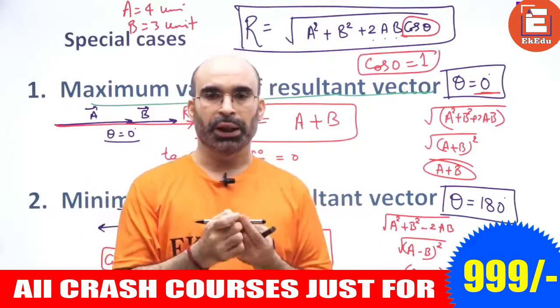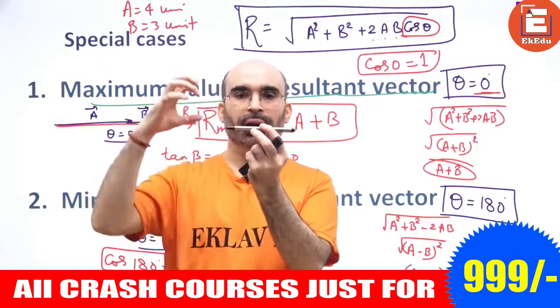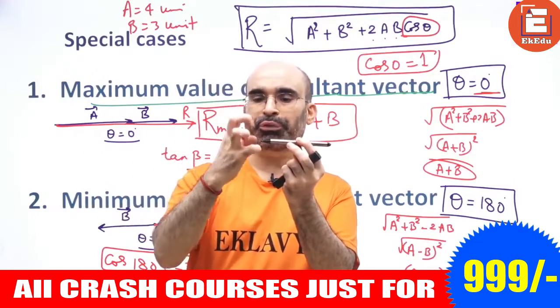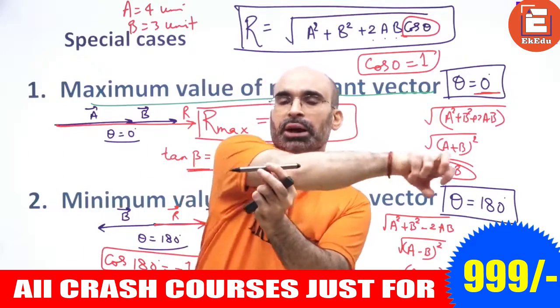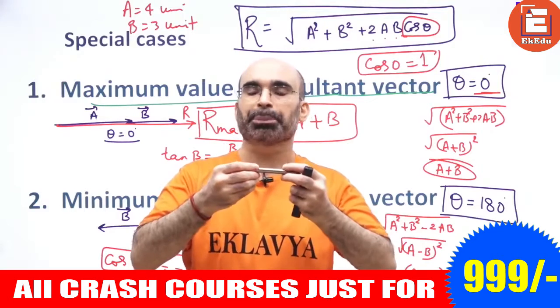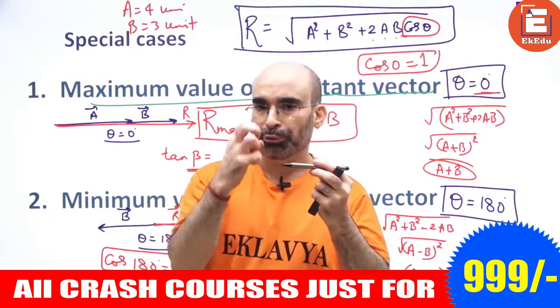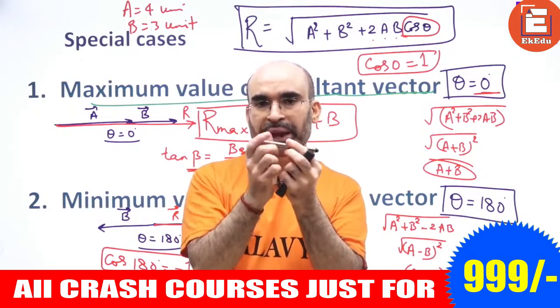This is very simple. Suppose you have a string, one of your friends is pulling in this side, and you are pulling it in the opposite direction. Then the one who is applying more force, the movement will be in that direction.